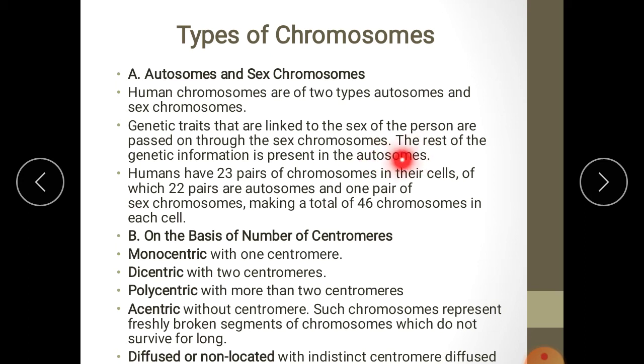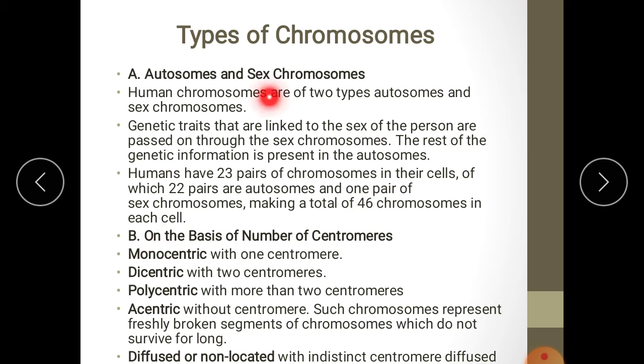Humans have 23 pairs of chromosomes in their cells, of which 22 pairs are autosomes. 22 pairs means 44 autosomes, and only one pair is the sex chromosomes, making a total of 46 chromosomes in each cell.